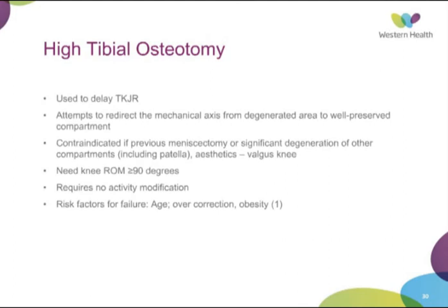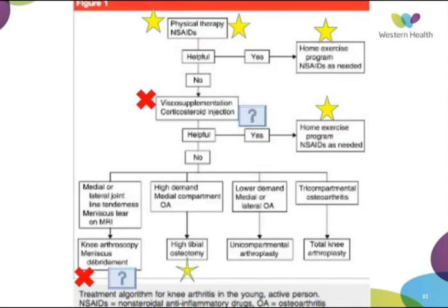Risk of failure here: the older you are, the longer time since having the HTO, overcorrection, and once again, obesity is an issue. So, osteotomy gets a half star. It has its benefits, but you really need to choose your patients very wisely.